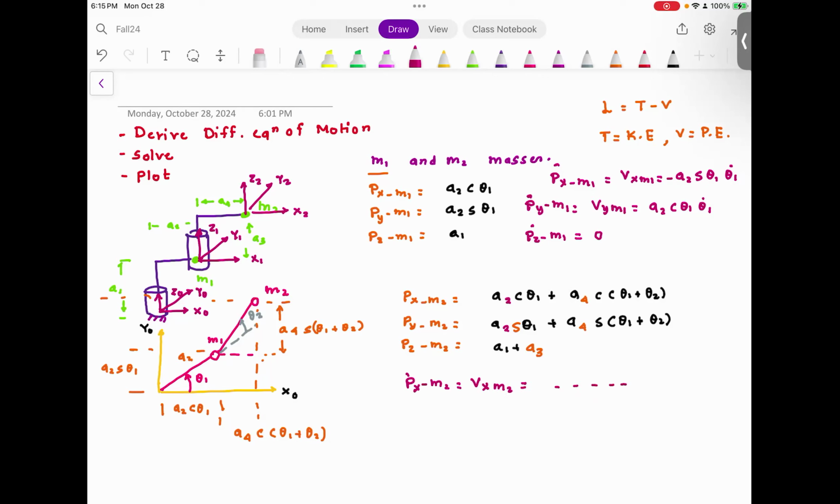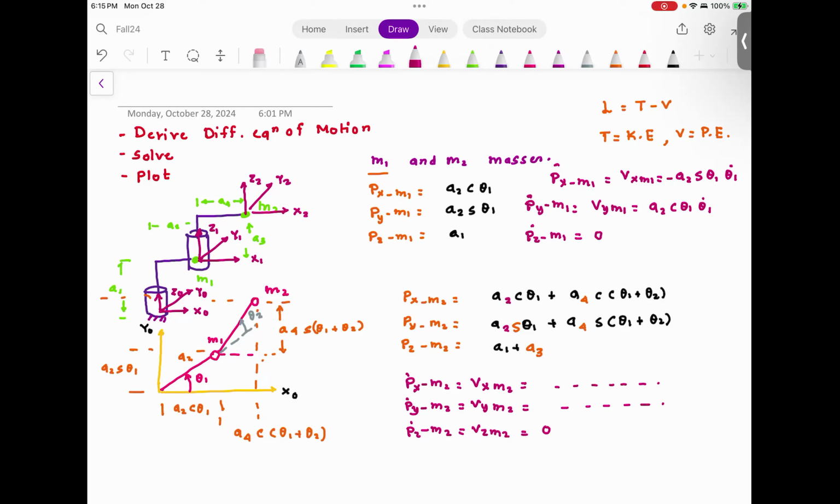There will be an expression here that we can find out, but I want to use MATLAB to do that. Then Py dot M2, Vy M2, and you are going to get an expression, and Pz dot M2, which I can write, which is Vz M2, is equal to 0.